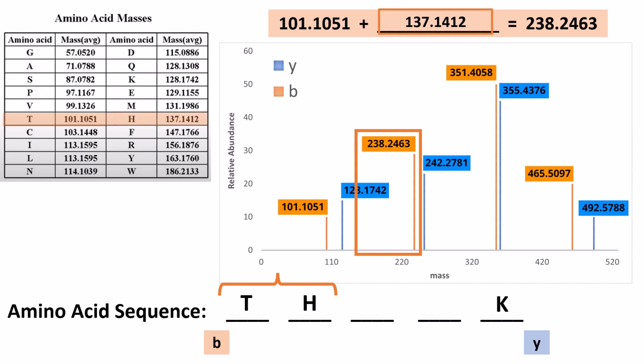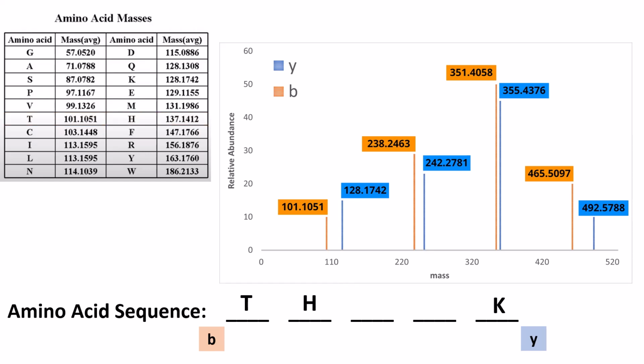A similar process can be completed for the next Y ion peak. However, this time we are working with the C terminal of the peptide chain, or the end of the amino acid sequence. Since the mass value doesn't correspond to any amino acid mass value, we can assume that this peak contains two amino acids.